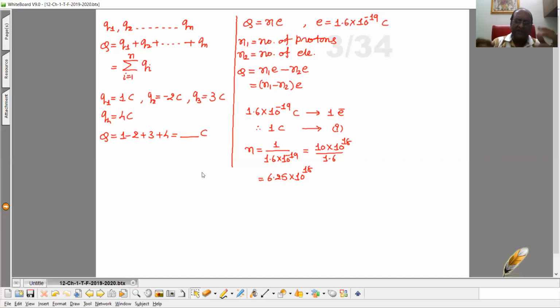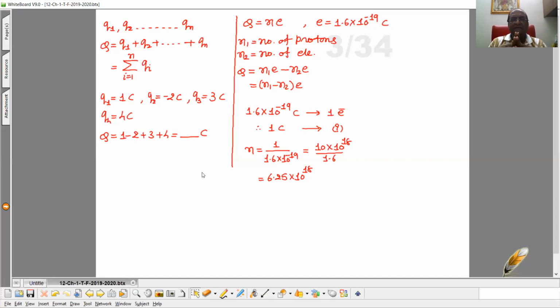We can think about one simple example. Suppose we have one electrically isolated system, and in that some constituent particles are there, and if gamma rays are passed through it, gamma rays are highly energetic electromagnetic waves, they will interact with the particles and will ionize them. So here pair production is observed.